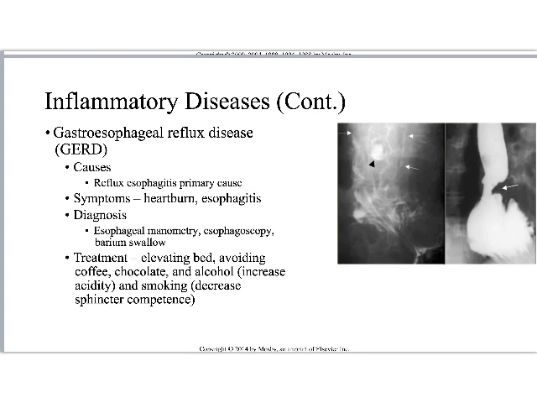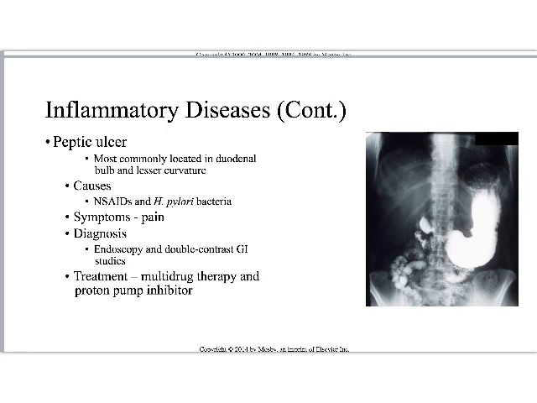Avoiding coffee, chocolate, alcohol, so anything fun, and no smoking, right? All those things, the coffee, the chocolate, and the alcohol, increase acidity of stomach contents. The smoking decreases the sphincter competence between the esophagus and the stomach. Okay.